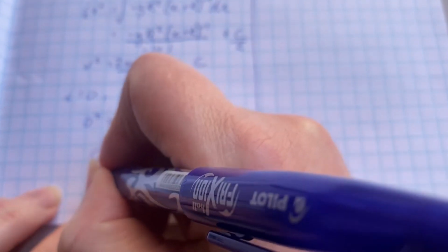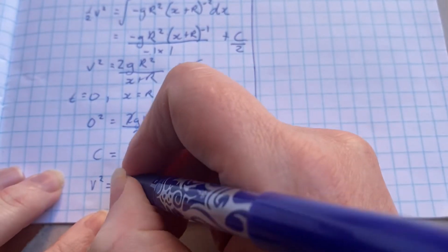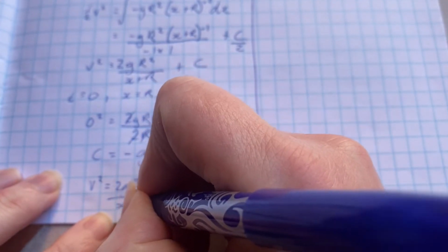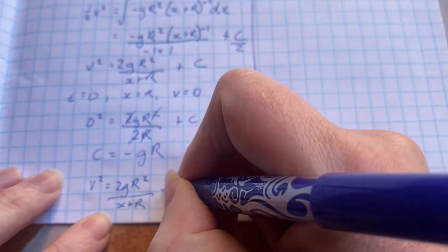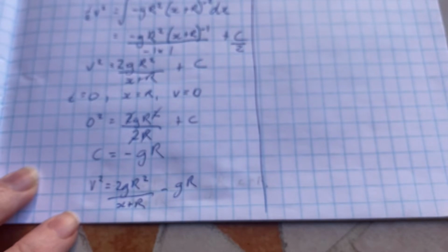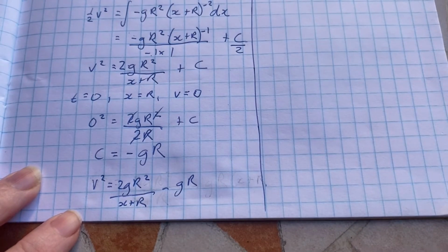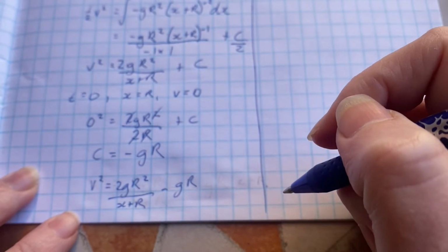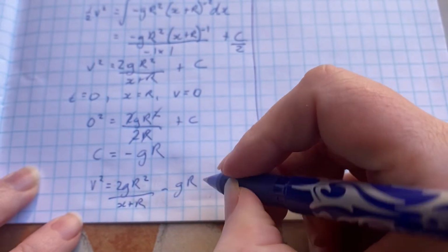So therefore our v squared is equal to 2g r squared over (x plus r) minus g r. Now I'm just going to write that with a common denominator. I wouldn't actually need to do that to answer this part, but it is going to be useful later.